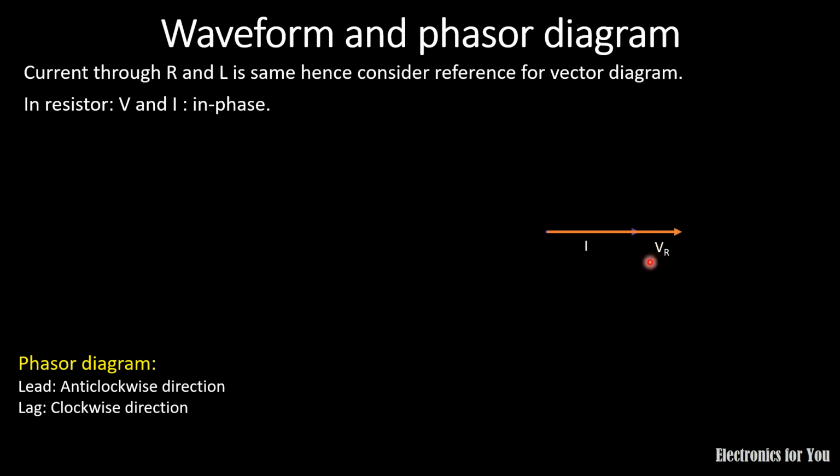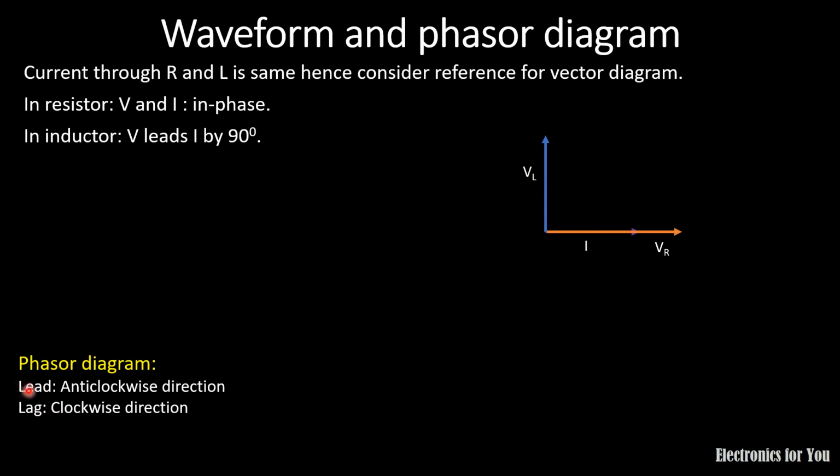Now in case of an inductor, we know that the voltage leads the current, or the current lags the voltage by 90 degrees, and in this case our current is the reference axis. So the voltage VL, the voltage across the inductor, is leading by 90 degrees.